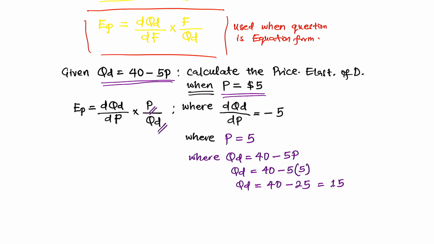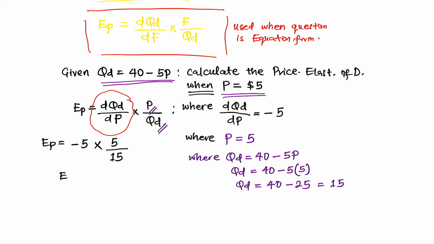So we input all of the values we've gotten. Price elasticity of demand equals dQD/dP, which is one value, not two separate values. dQD/dP is minus 5, multiplied by the price, which is 5, divided by quantity demand, which is 15.